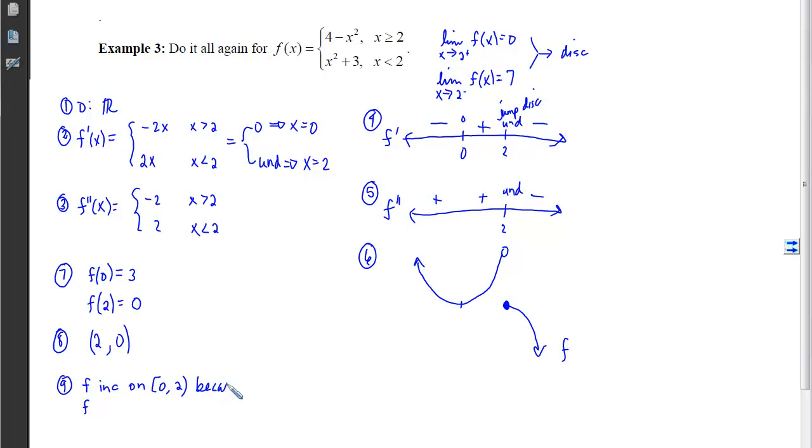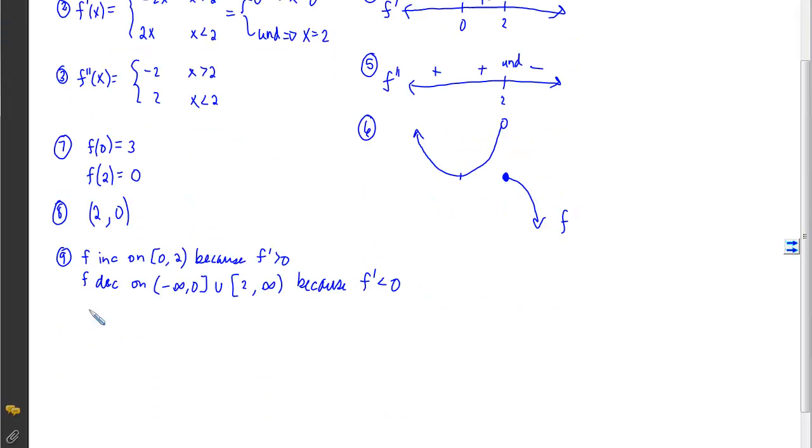So I'm only going to increase from 0 until 2, but I can't include 2. And the reason I can say this is because f prime is greater than 0. Similarly, I can say that f decreases on the interval from negative infinity to 0, and then again from 2 to positive infinity. And all the interior points are justified because f prime is less than 0. If we think about concavity, that's our second derivative. So we can say f is concave up on the interval from negative infinity until 2 because f double prime was positive.